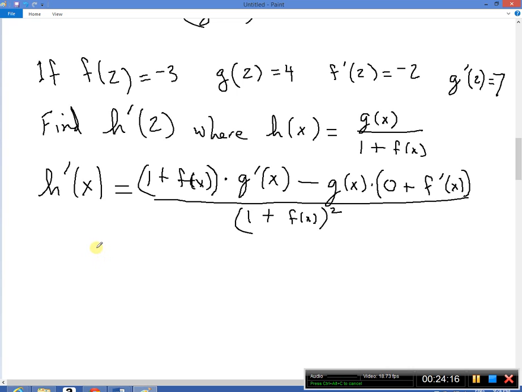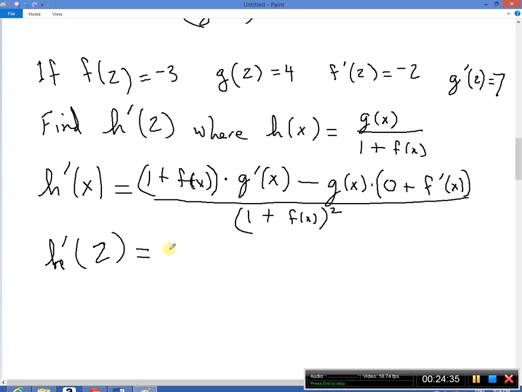Okay. Now I suppose I could simplify that, but I think I am ready to calculate h prime of 2. Because what does h prime of 2 mean? It means take the formula for h prime, which I've got here, and plug in x equals 2.